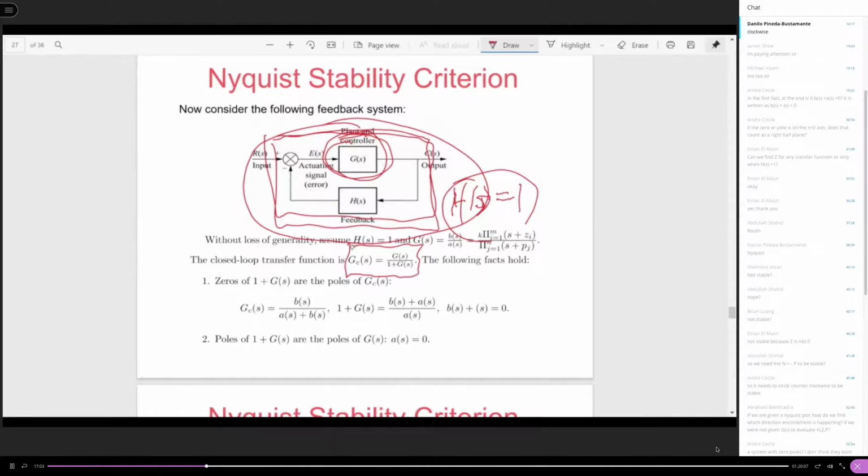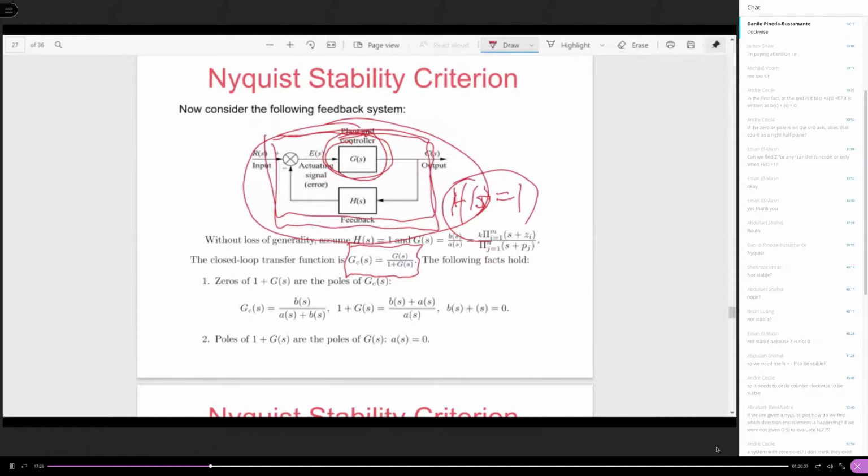The closed loop transfer function is this one. It will be nice if we can have rules to apply. Here the Nyquist plot provides such advantages for us to evaluate the closed loop system's stability.